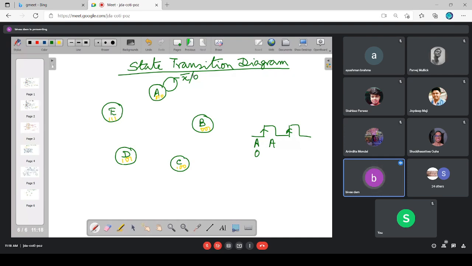If the circuit is of which type? Sequential. How many different types of sequential logic circuits are there? 2. Mealy machine or Moore machine. What is the difference?